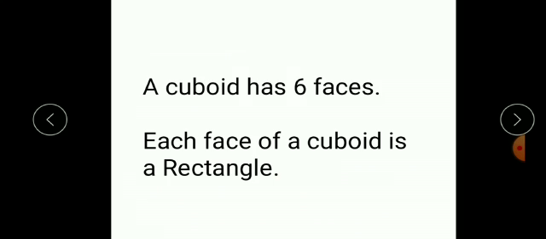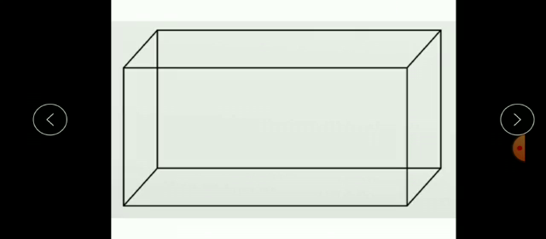Now let's revise once again. This is a cuboid. The number of edges of a cuboid: 1, 2, 3, 4, 5, 6, 7, 8, 9, 10, 11, 12. So a cuboid has 12 edges. Edge means side.